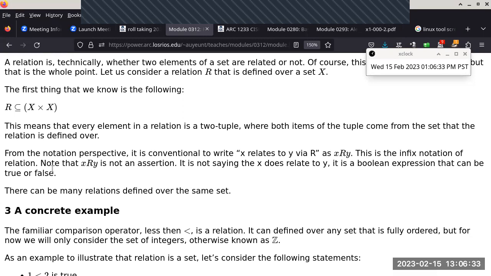This f here is still a subset of N Cartesian product N. So it is a function, but the same set can also be seen as a relation in this case. There are no restrictions in the relation about how things are mapped from the domain to the codomain, because there's no such thing as a domain and a codomain in the relation.